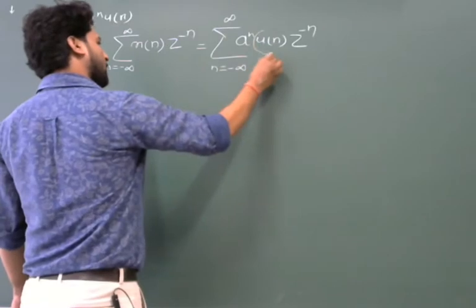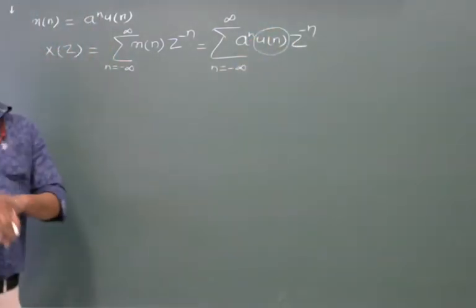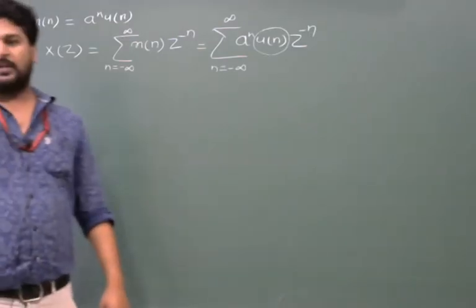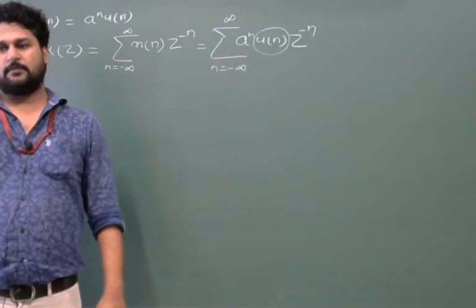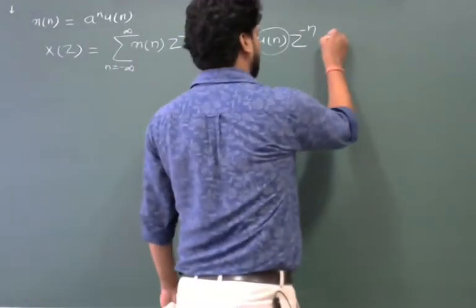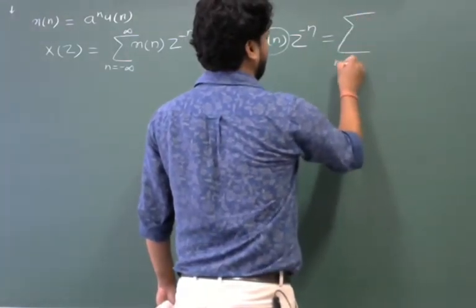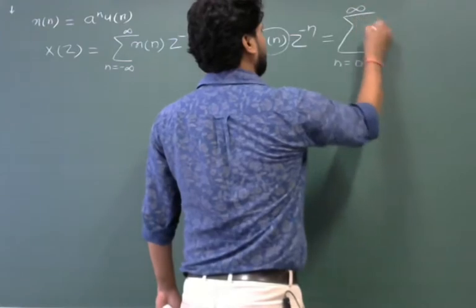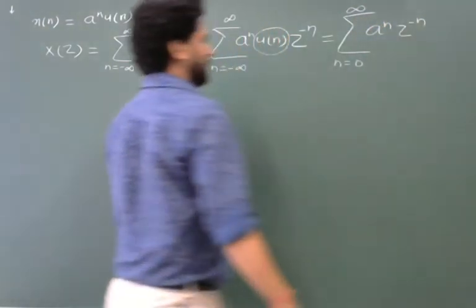Here because u of n will exist only for the positive values of n, means for the values of n from 0 to infinite, the limit will become, instead of minus infinite to plus infinite, from 0 to infinite of a power n into z power minus n.